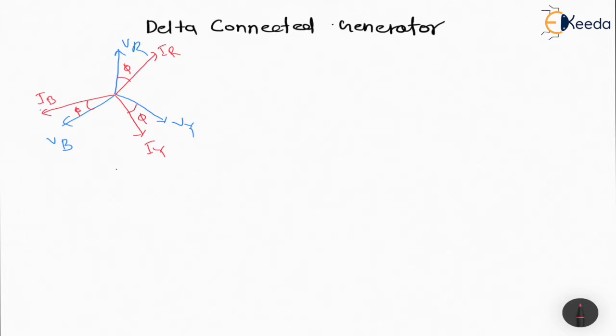Now we can see in the circuit that what I have drawn, the value of IR is equal to IL1 plus IB.